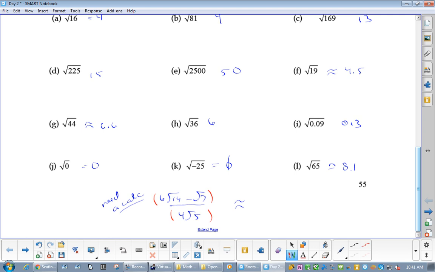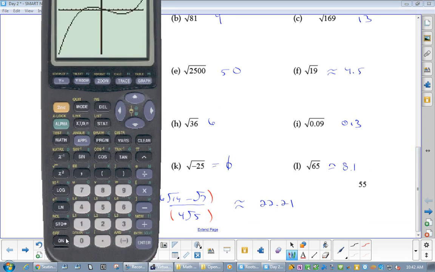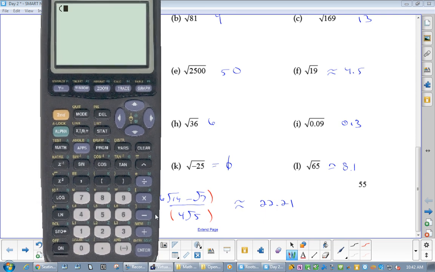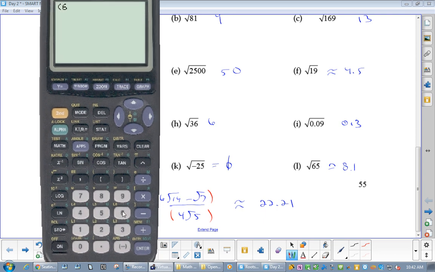What are we getting? 2.22? 0.21? Okay, so you should be, so you got 6 root. Whoa. Hit the wrong thing.